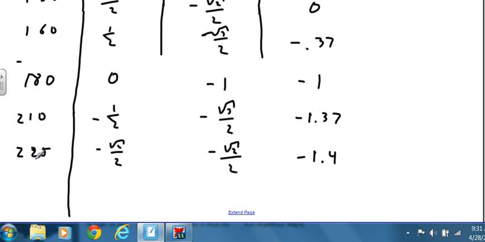And then what happens next? 240, 250, minus square root of 3 over 2, minus a half, minus 1.37.